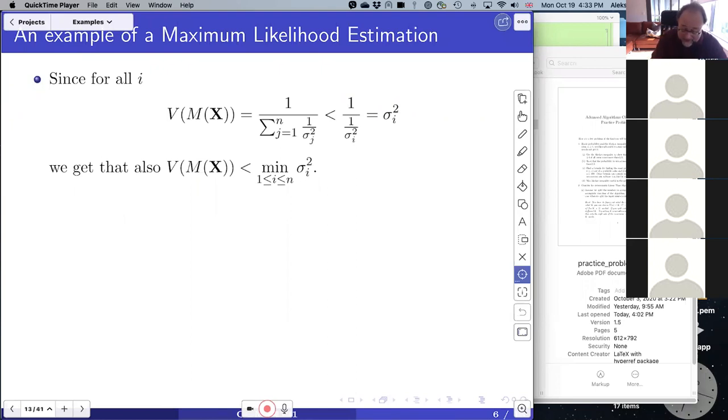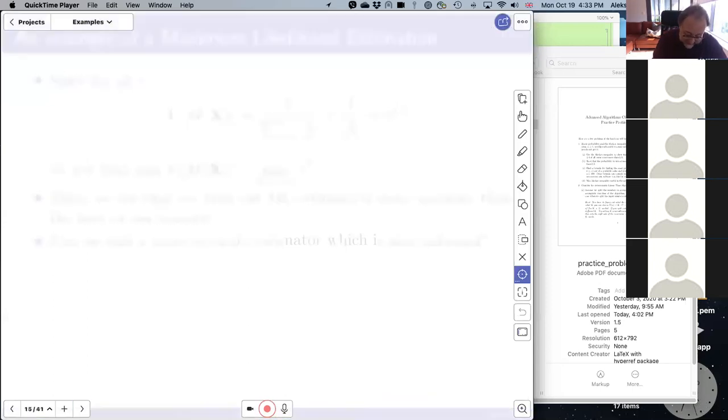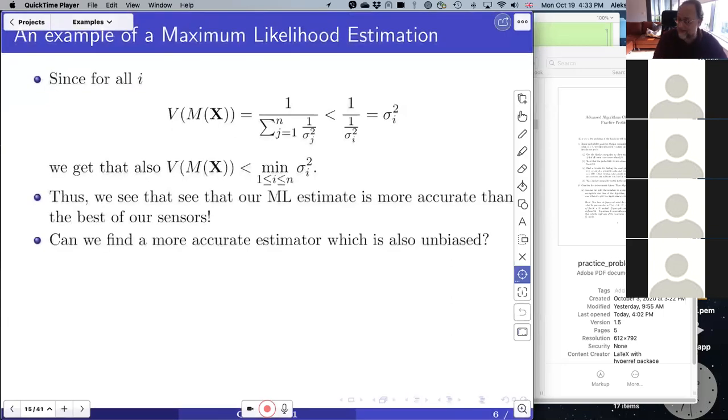So it makes sense to use them all. Well, maybe this weighted sum was not an optimal way of doing it. Well, it turns out that, in fact, you cannot beat it. When the noise is independent, Gaussian, with possibly different variances, maximum likelihood estimation, namely this weighted sum with weights proportional to the reciprocals of the variances, achieves the best possible.